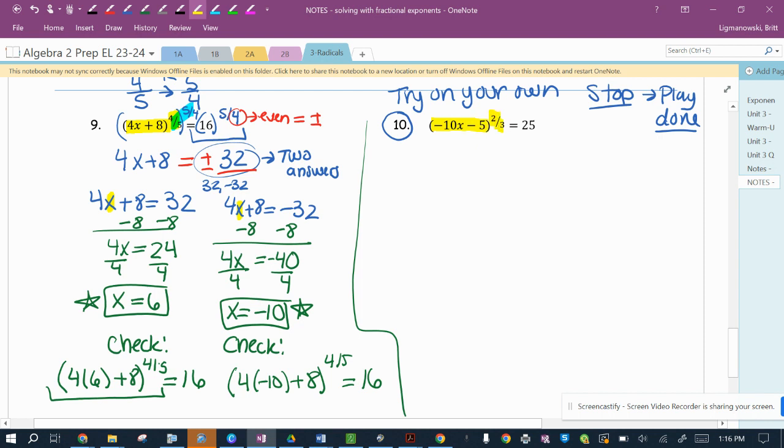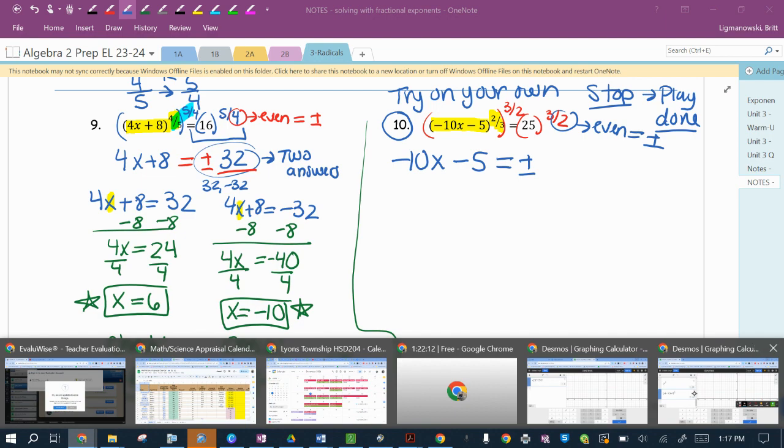It's being raised to the 2/3 power on this side, so I'm going to raise this to the 3/2 power. And now be careful, this is even, so that means my answer is plus or minus. Whatever I get over here, I'm going to get positive and negative. And on this side, I'm going to have negative 10x minus 5.